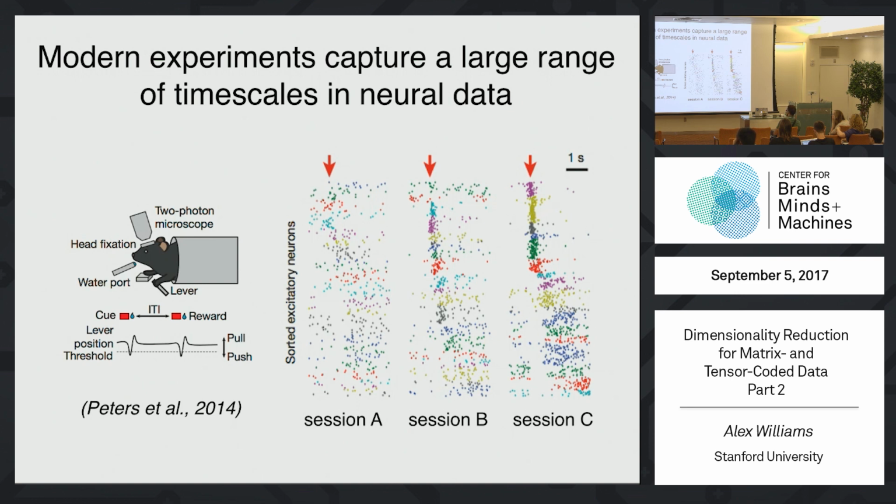And here are basically raster plots on 3 different days as the mouse learns this task. And the red arrow denotes a lever press. So you can see that after many sessions, the mouse is able to press the lever in a much more stereotyped fashion on command. And this produces a very stereotyped pattern of neural activity within motor cortex.